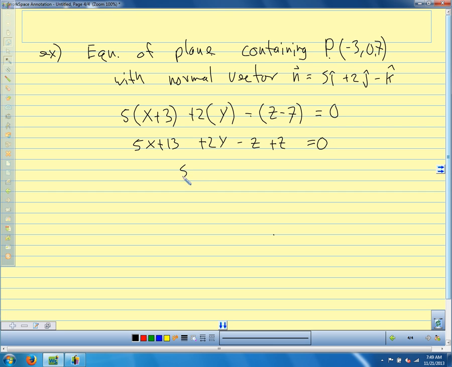Collecting these terms, I get 5x plus 2y minus z equals negative 22. So this would be our standard form and our general form.